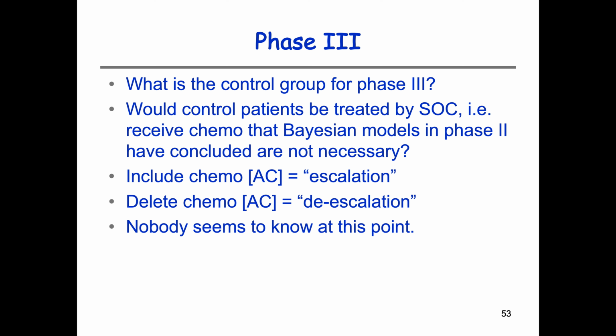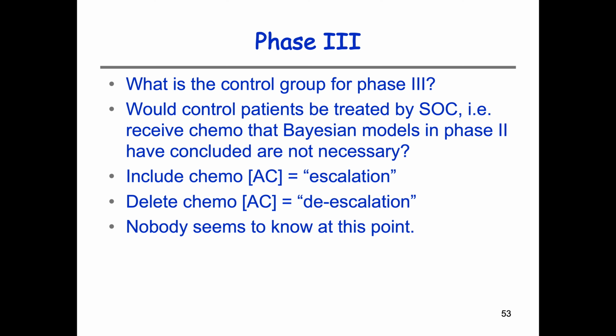That is, receive the chemo that Bayesian models in phase 2 have concluded are not necessary. So let's say for a certain subtype, we find escalation to include chemo is not necessary. So in the phase 2 in I-SPY, we did a de-escalation.